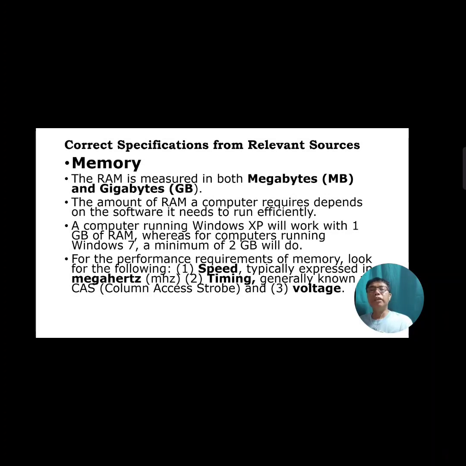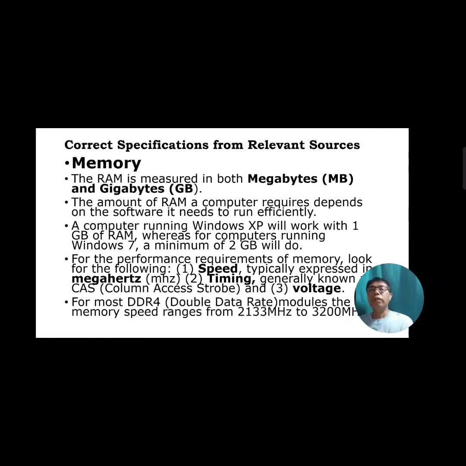And number 3 is the volt or voltage. Okay, for most DDR4, or double data rate 4 modules, the memory speed ranges from 2133 megahertz to 3200 megahertz. That is the DDR4.